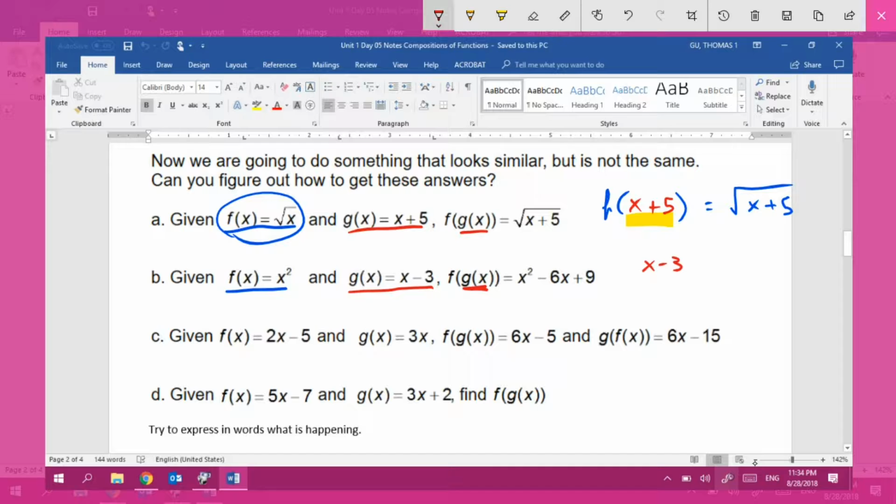And then we've got the f function on the outside, so it's going to be f of x minus 3. Well, f of x is originally x squared, so this time it's going to be x minus 3 squared, which is the same thing as x minus 3 times x minus 3.